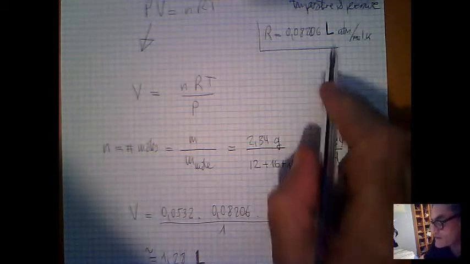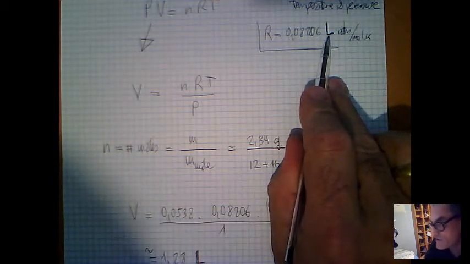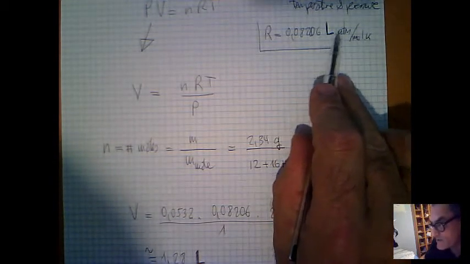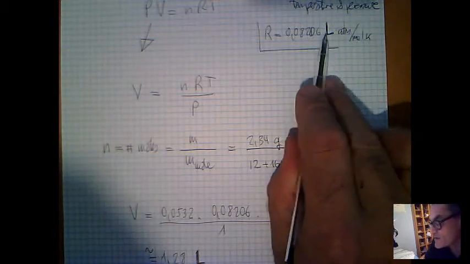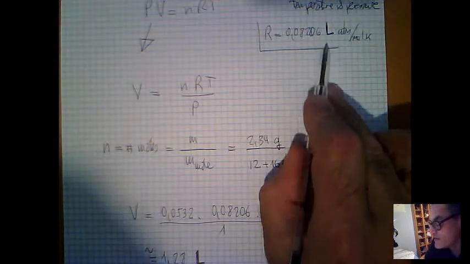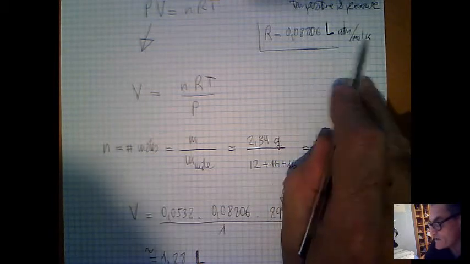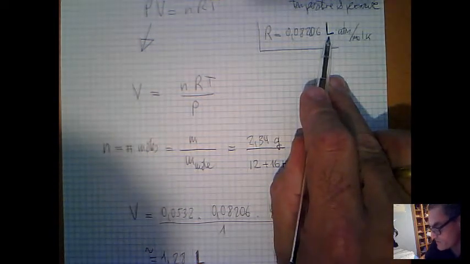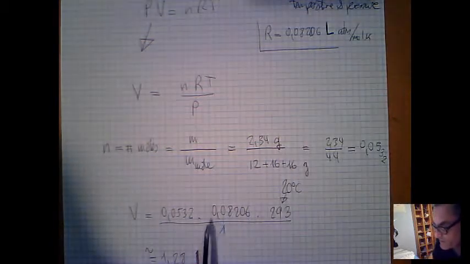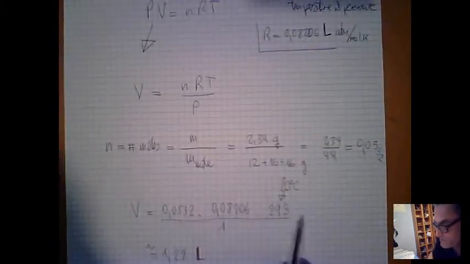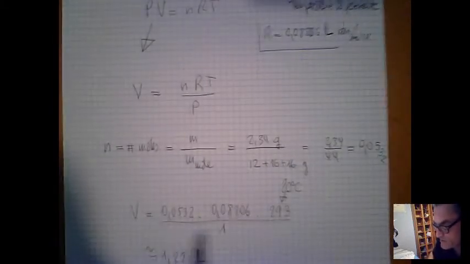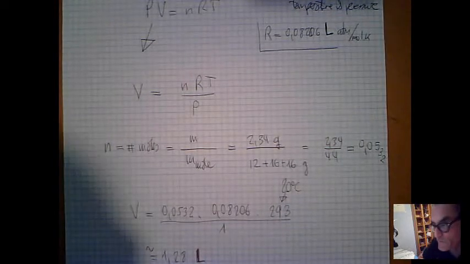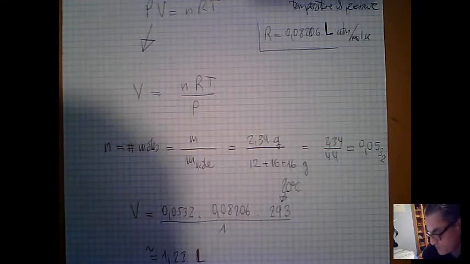Because, as I said, the constant R is given in liters times atmospheres. This is the only reason why I said the result is in liters, because I see that this constant is in liters. So if you have all the other values in the right units, then you will get a volume in liters. Okay, that's all.